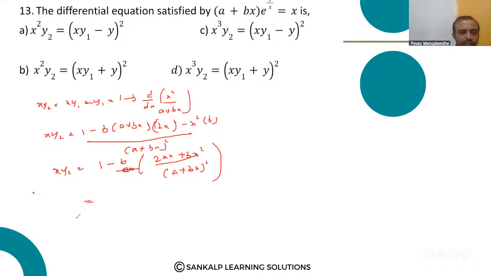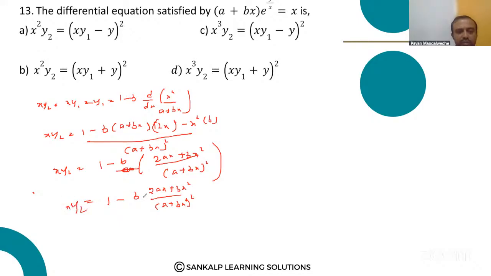Then it is 1 minus b into 1 minus b into 2ax plus bx square by a plus bx the whole square. So treat this as equation number 5.